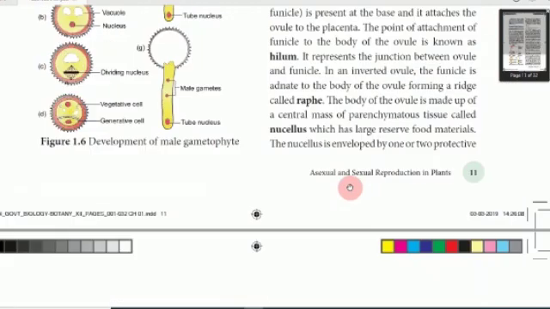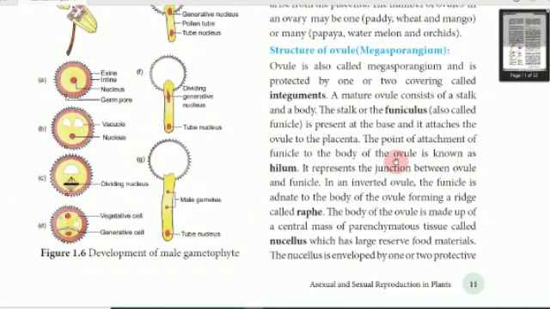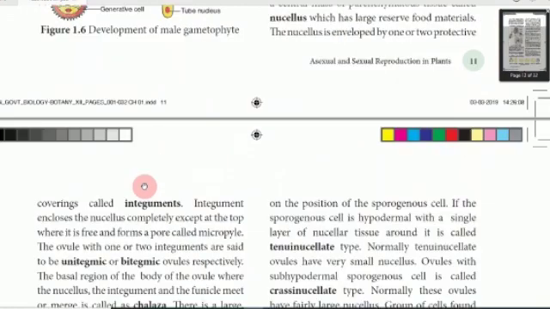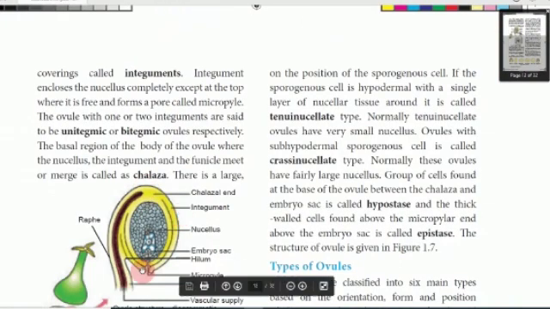So the ovule is covered by the inner integument. The integument is a covering layer that surrounds the entire ovule, but it leaves a small space called the micropyle. The term is given here.